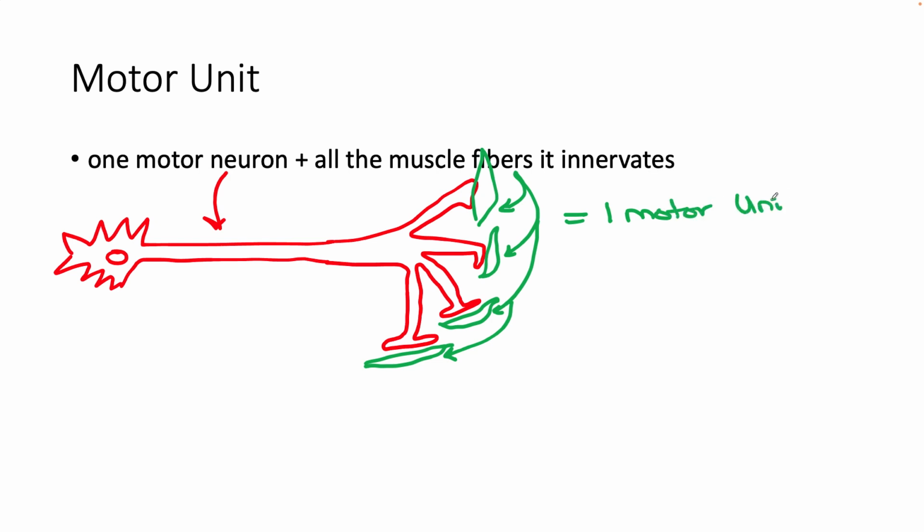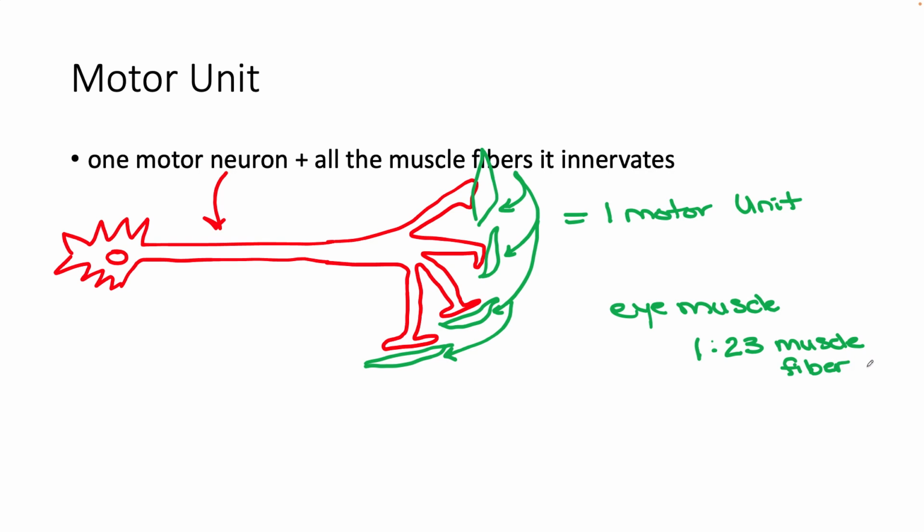Now, this is an unrealistically small motor unit. The smallest ones are in like your eye muscles, the ones that pull your eye from side to side. And a motor unit in your eye has 1 neuron and about 23 muscle fibers. But still, if you think about how small a muscle fiber is, this is 1 cell, right?